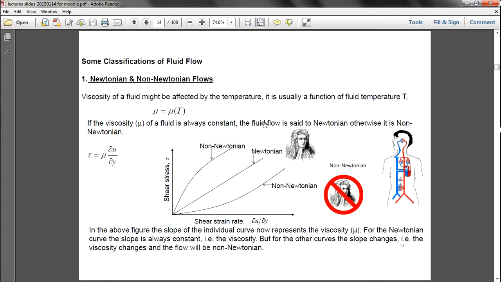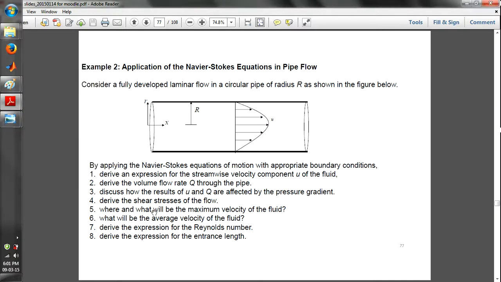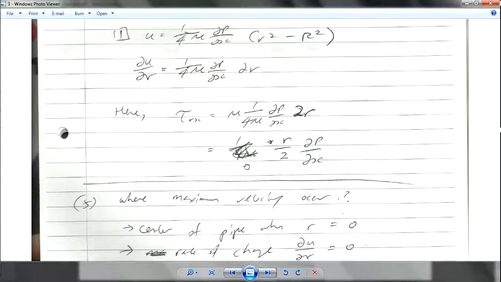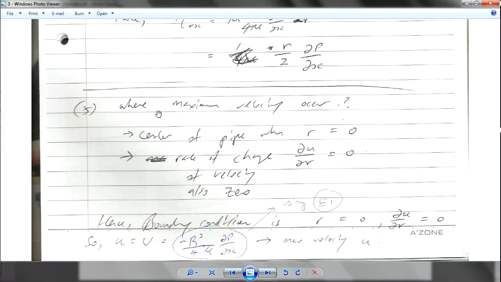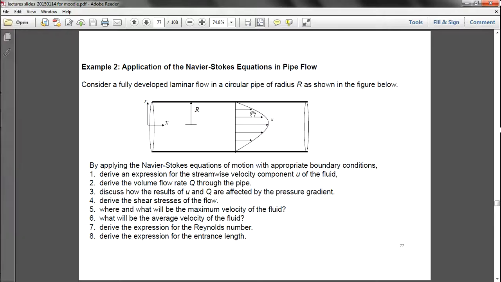Okay, so let's continue. Where and what will be the maximum velocity of the fluid? So this is asking where will be the maximum velocity, and to calculate it. Where the maximum velocity occurs is at the center of the pipe, where r equals 0. So it's actually at this point. As you can see, it's way faster than these two over here.